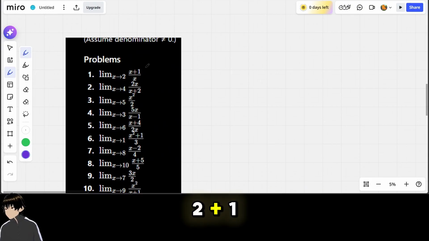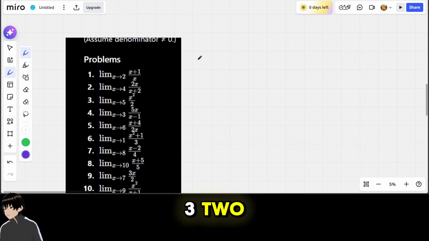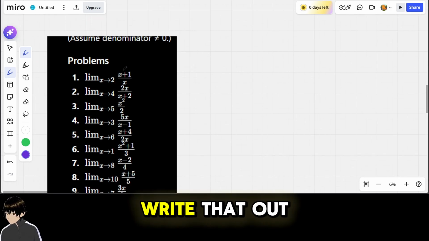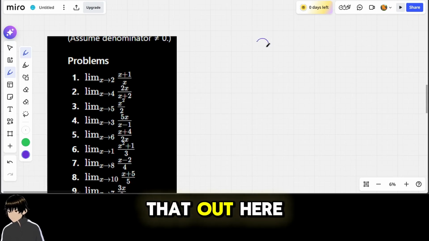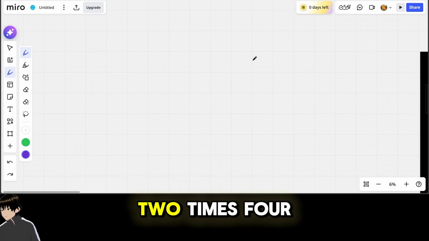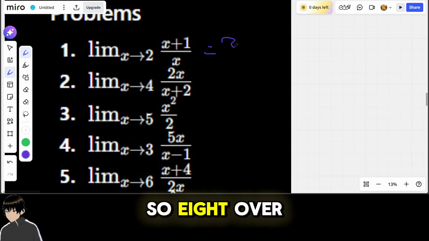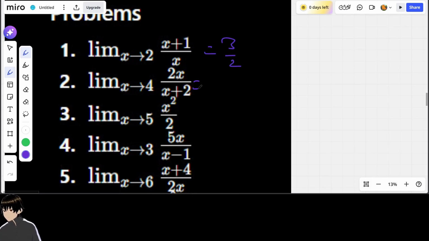Okay, so you get 2 plus 1. 2 plus 1 is 3 divided by 2 is 3 over 2. Let me just write that out here. So we have 3 over 2. Now we have 2 times 4, it's 8. Then 4 plus 2 is 6, so 8 over 6.